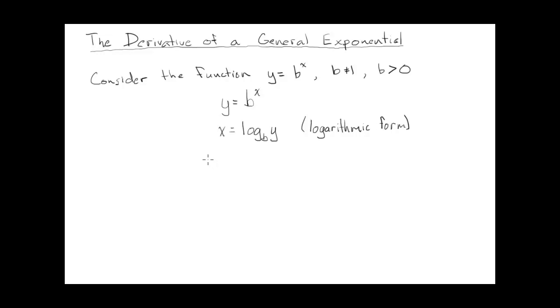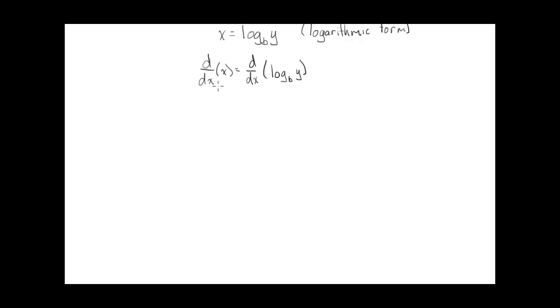And then differentiate implicitly. So d by dx of x and d by dx of log base b of y, and the derivative of x with respect to x is 1.